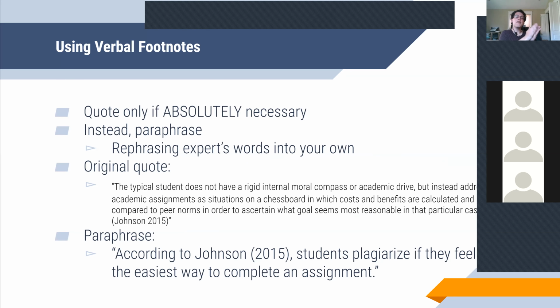And now, how to actually cite this information during your speech is through what's called verbal footnotes. Verbal footnotes are where you quote, or not quote, paraphrase, sorry, the specific source during your speech. I'll talk a little bit about this in 5 minutes when I talk about APA, but when you take knowledge from someone else, you don't want to quote it directly, word for word.